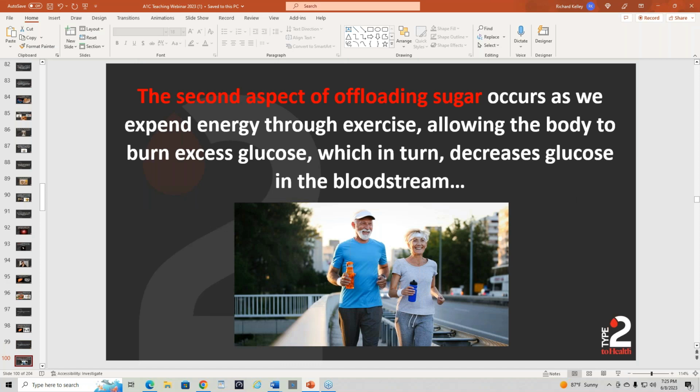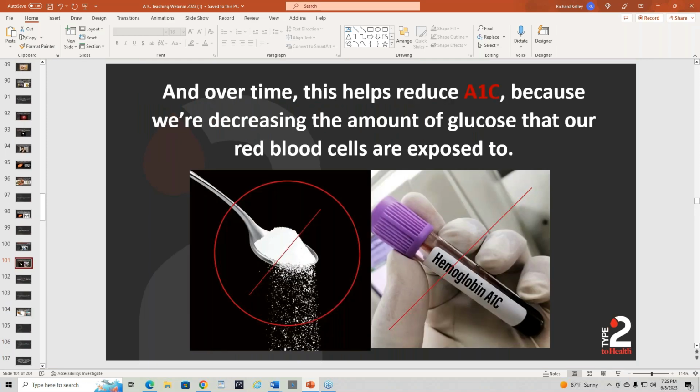The second aspect of offloading sugar occurs as we expend energy, forcing the body through exercise to burn excess glucose, which in turn decreases the glucose in our bloodstream. And over time, this helps to reduce A1C, because we're decreasing the amount of glucose that our red blood cells are exposed to. That's what A1C is. It is the attachment of excess blood glucose to your red blood cells over time.